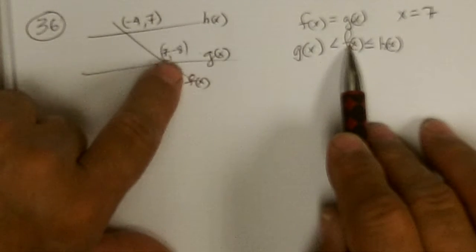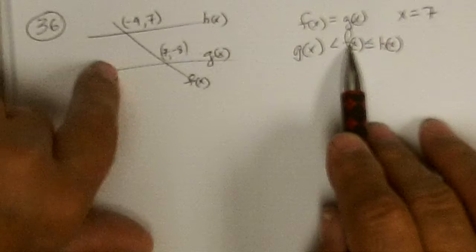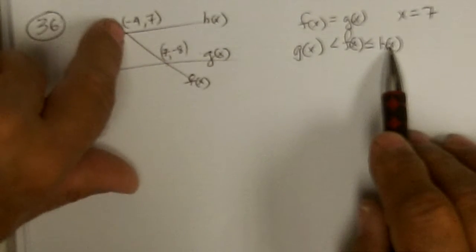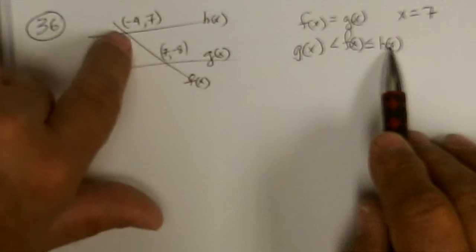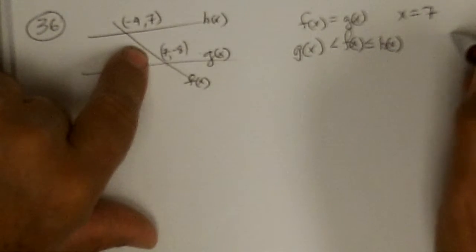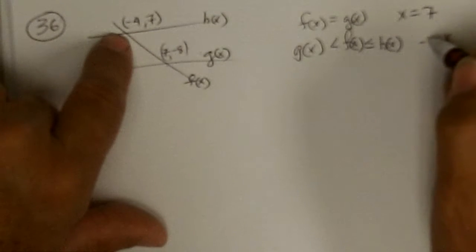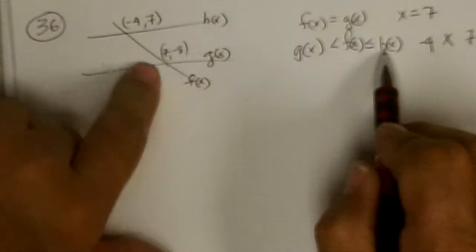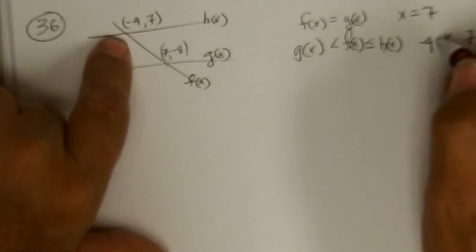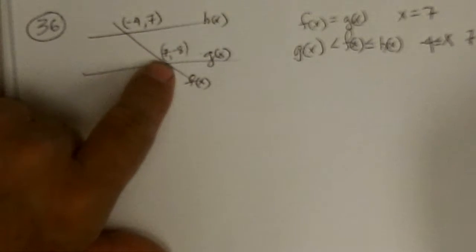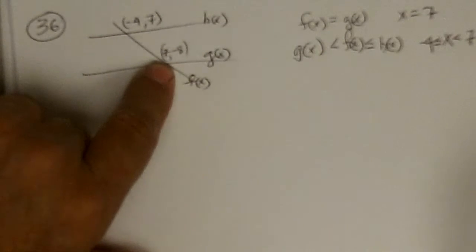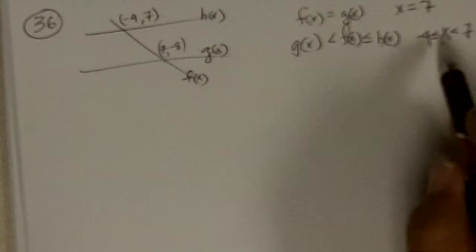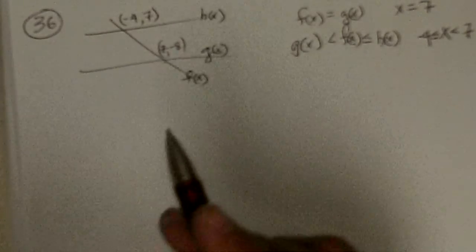No, g here is lower than f, and f is below h up until here, and then it gets above it, so it would be just these in here. So x has got to be between -4 and 7, and it can be equal to h, so we can include the -4 and up to, but not including the 7. Now you could have done those in interval notation too. Anyway, okay, that's 36.